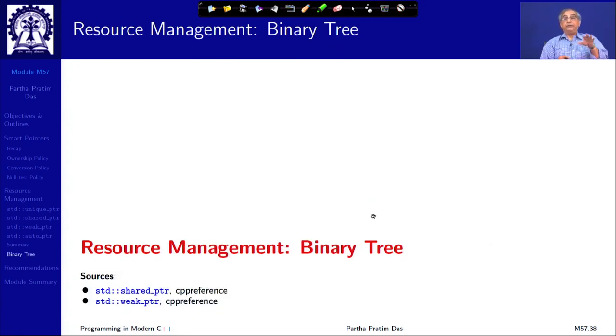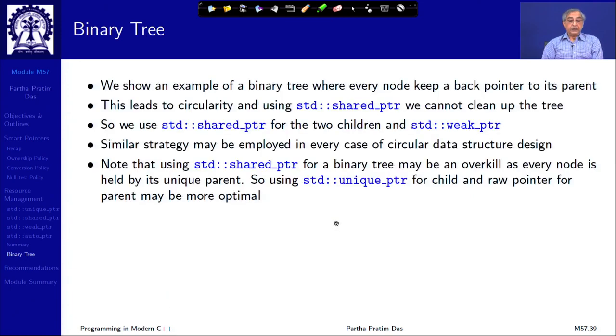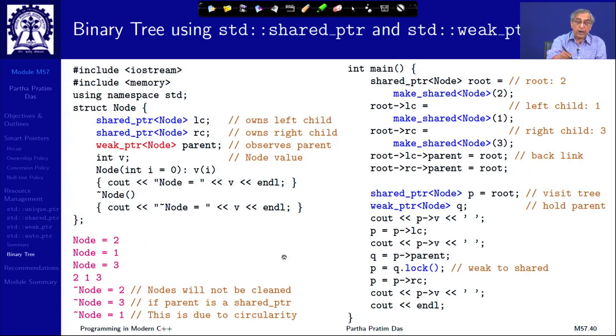Okay. So finally, we end with an example to see. We had talked about having shared pointer and weak pointer to break the circularity. So let us see whether we have been able to do that. I have given here a very simple node design for a binary tree.